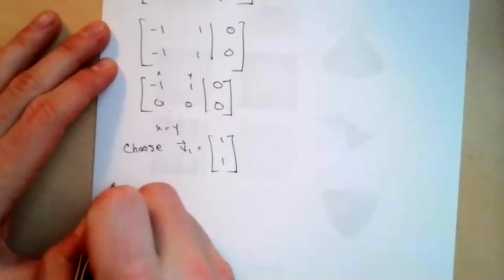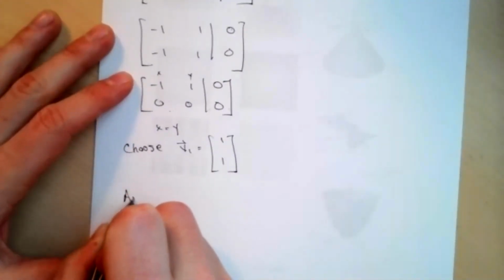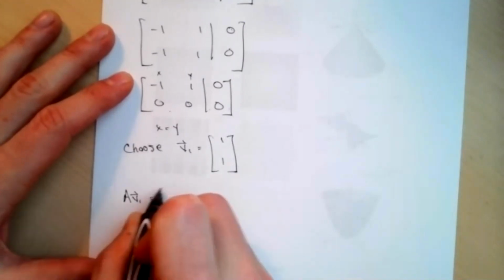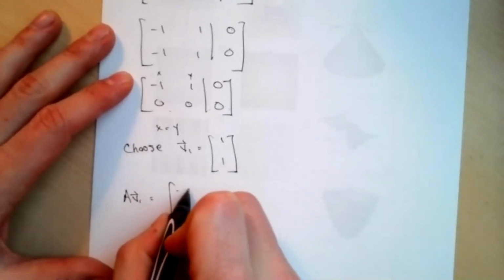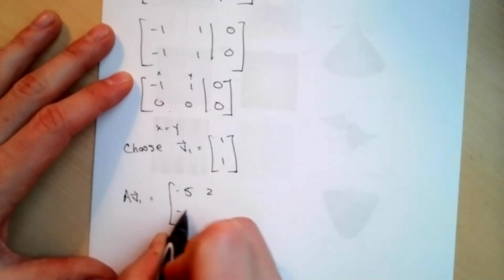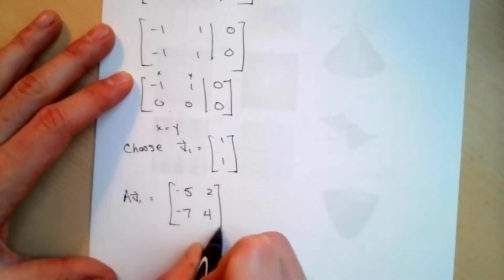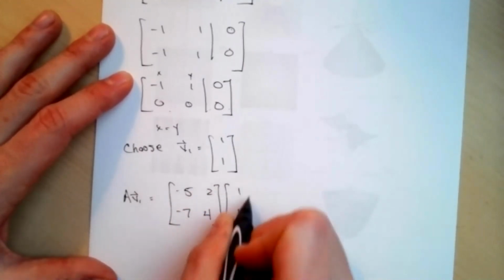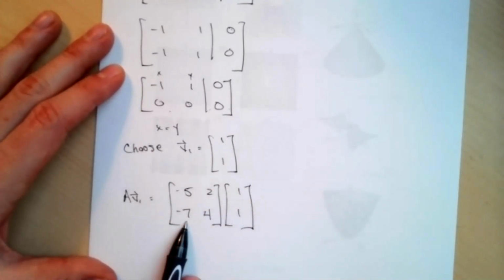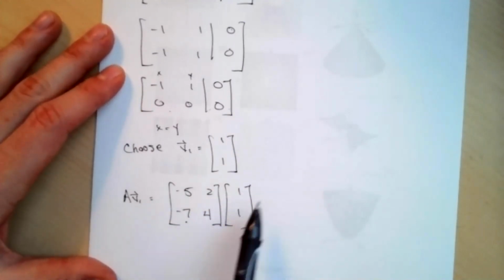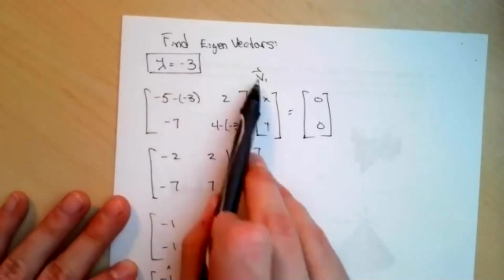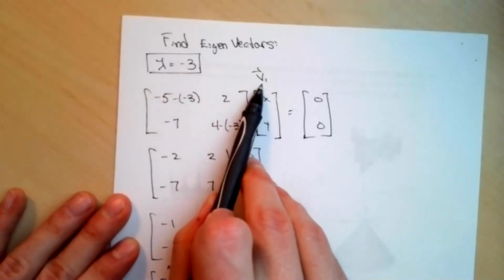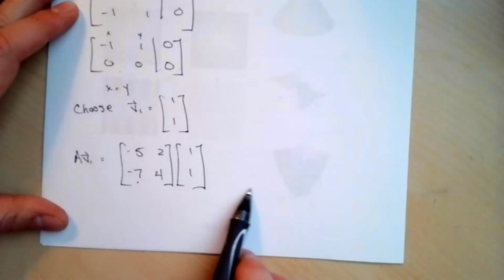And if we check, our matrix -5, 2, -7, 4 times 1, 1. So the key thing is that we should get back -3 times the vector we chose. So we should get back -3, -3.